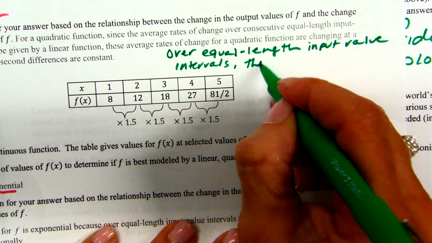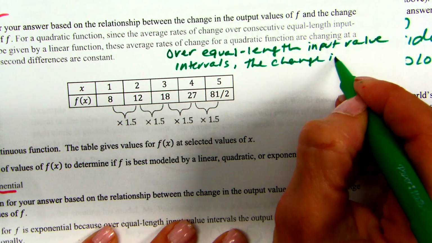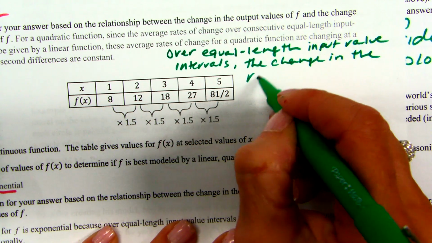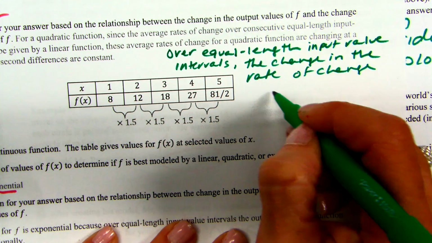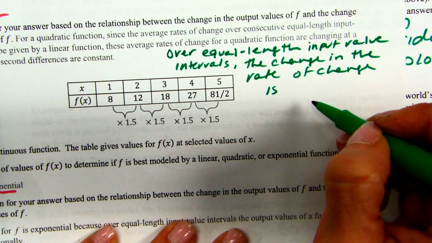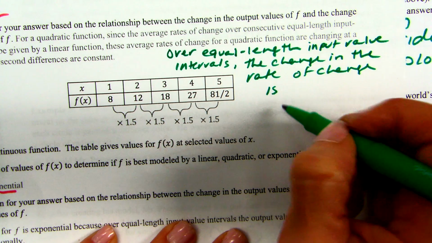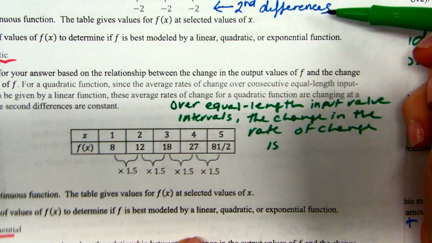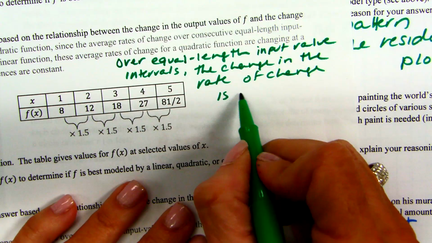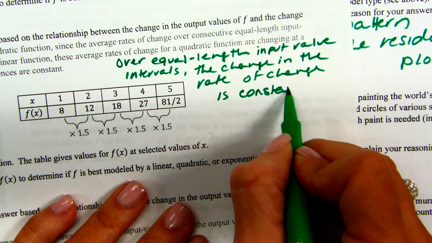The change in the rate of change is constant. Guys, first differences are rates of change. Those weren't constant. It's the change in the rates of change. Okay? The change in the rate of change is constant. That's the best sentence to write.